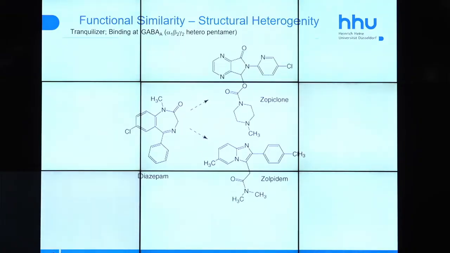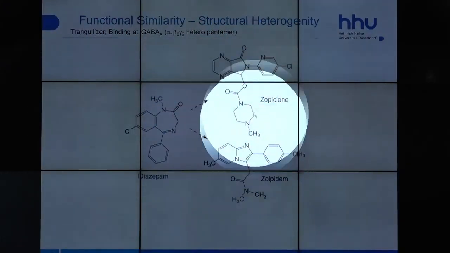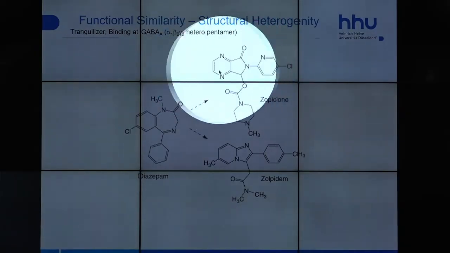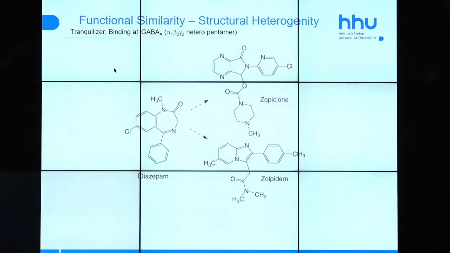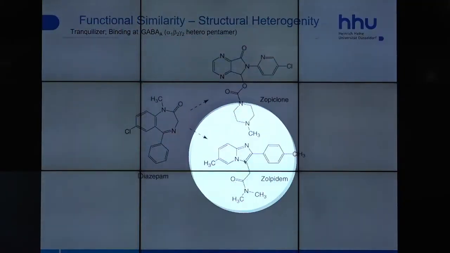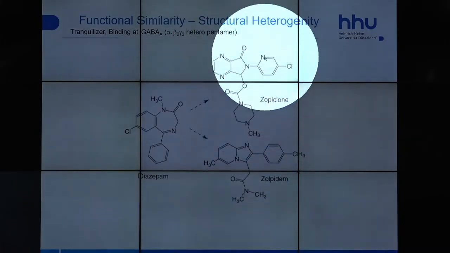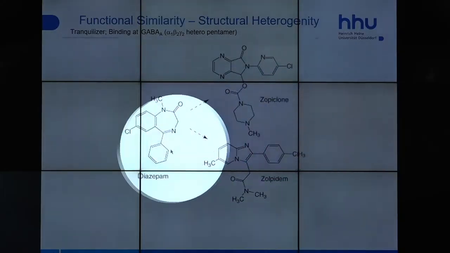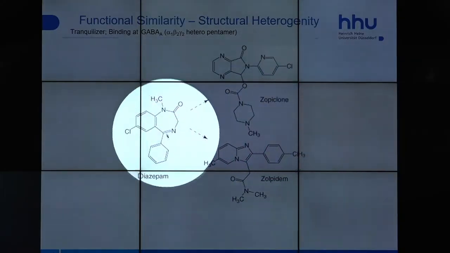A little bit more difficult is when you go from diazepam. I showed this benzodiazepine already with the metabolic pathway. Then you go to other compounds like zolpidem, and there you also see nitrogen-containing heterocycles, but totally different to the benzodiazepine. Even these two heterocycles do not overlap, so they have different structural elements, and they do have a basic moiety, but this is only partly comparable to this imine moiety.